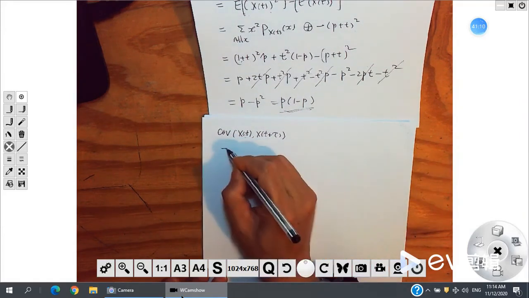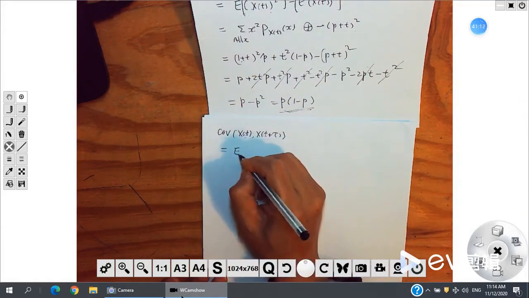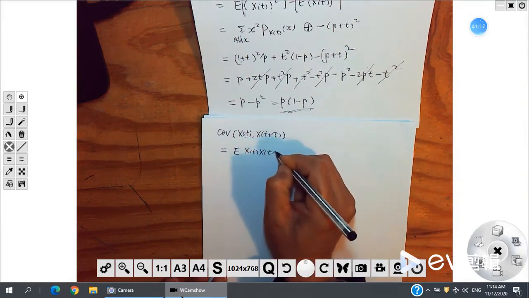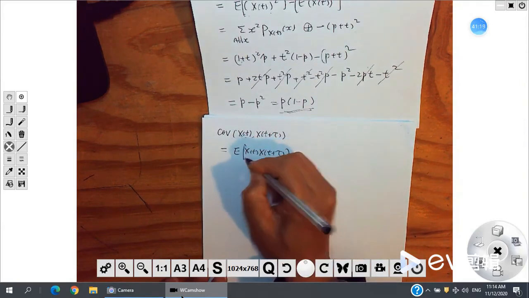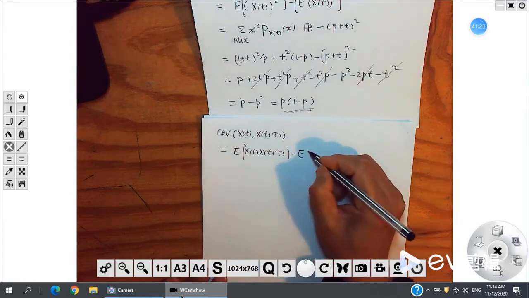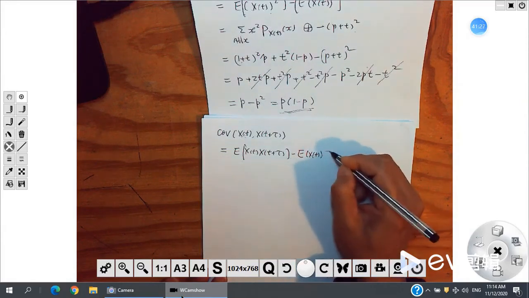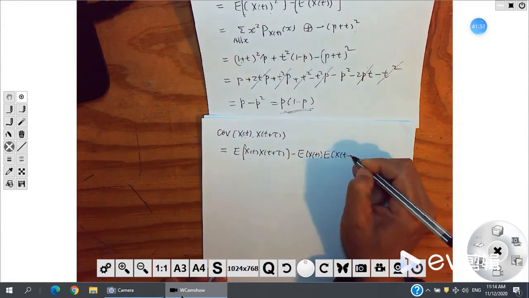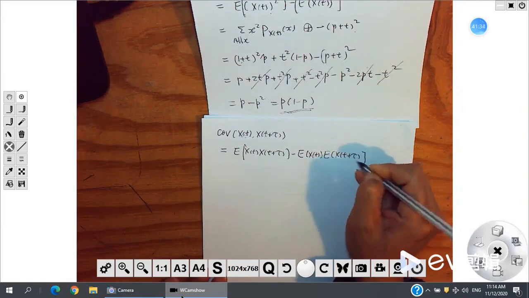This will be E of x of t times x of t plus tau, minus E of x of t times E of x of t plus tau.